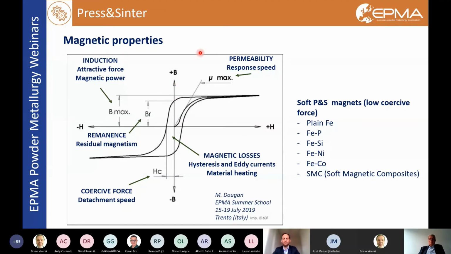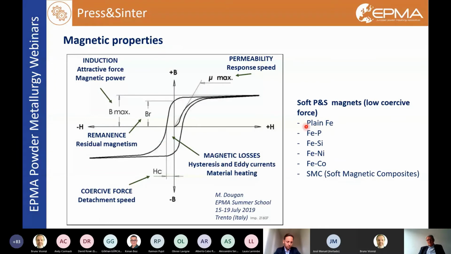So the most important parameters to describe the magnetic properties are the permeability, that is the slope of the first run, then the maximum induction, the coercive force, and the magnetic loss. That means the area of the hysteresis loop.